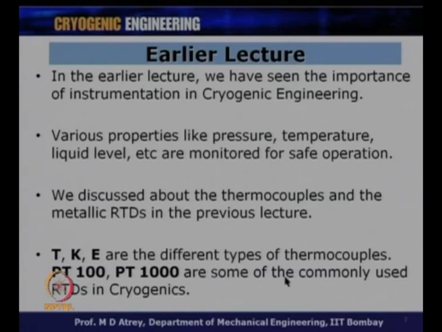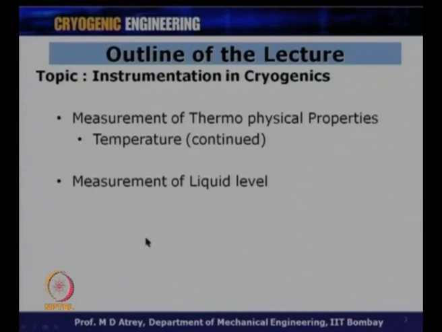These are some of the commonly used RTDs in cryogenics. Now, in this lecture, we will take the temperature topic ahead, and we will go lastly to the measurement of liquid level at the end of this lecture.